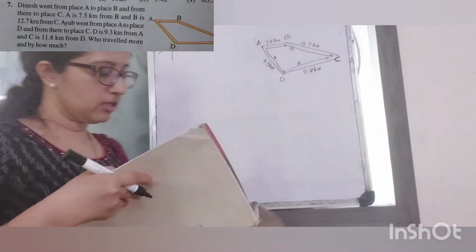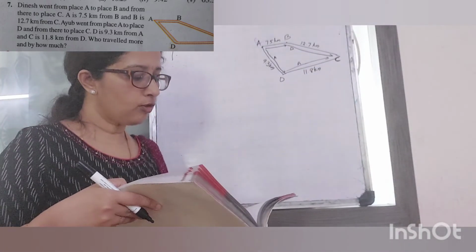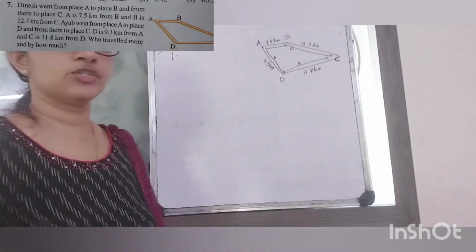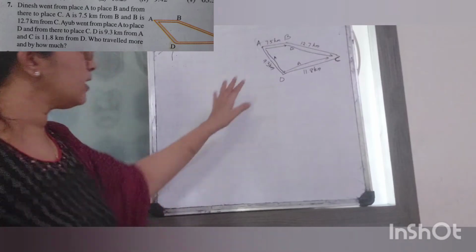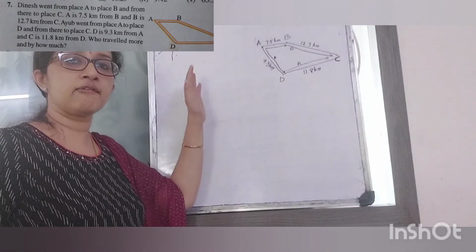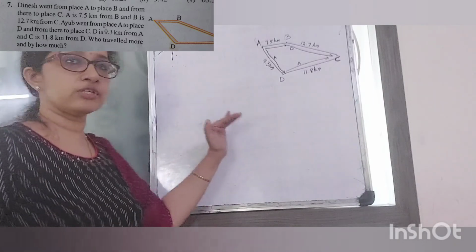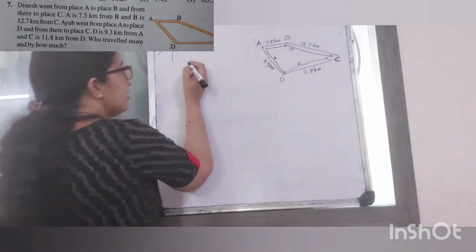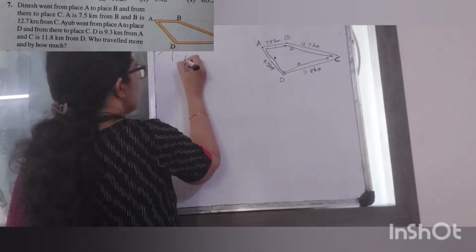Now what is the question? Who traveled more and by how much? There are two people in this, one is Dinesh and one is Ayub. So we have to find out who traveled more and by how much. First let's take the distance traveled by Dinesh.